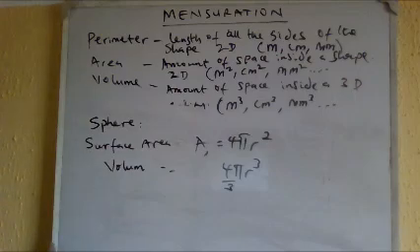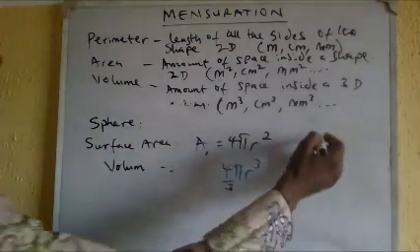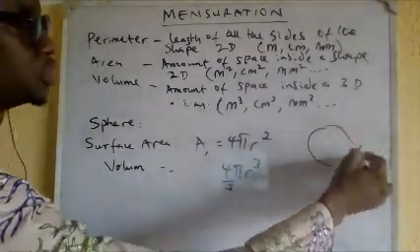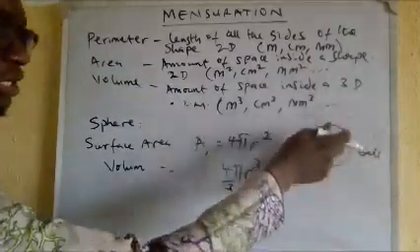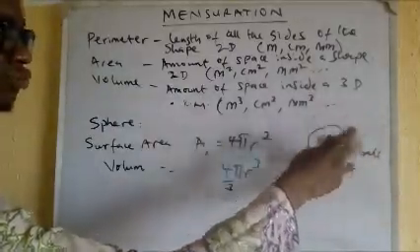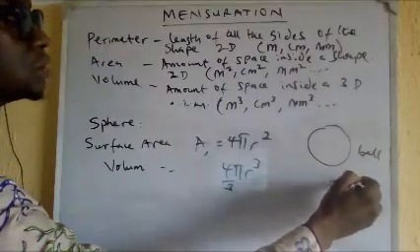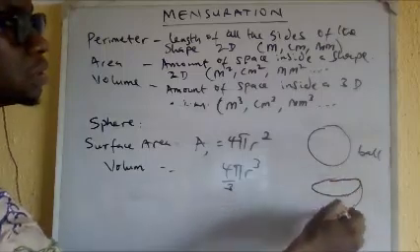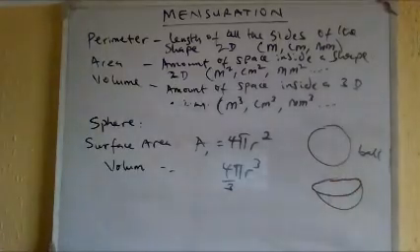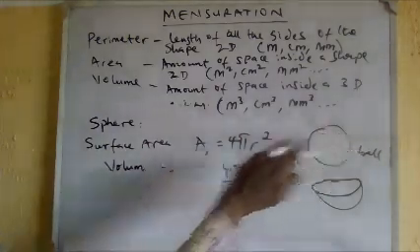There is an aspect of a sphere called a hemisphere. The hemisphere is half. Okay, if this is a sphere, like I said, a football, it's not round, just round like that. It's a 3D circle. A hemisphere looks like this. You understand? This is a hemisphere. So it's actually the half of this.